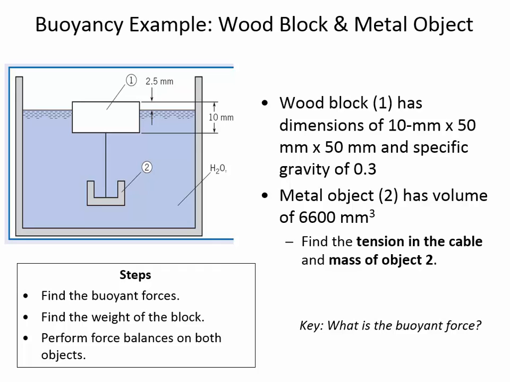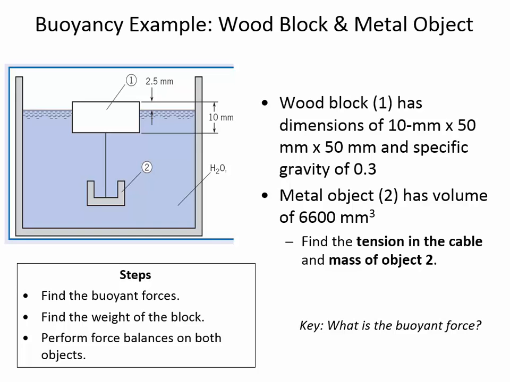Okay, so first of all, we know that the wood has certain dimensions here, so we're going to calculate the buoyant forces. First of all, the buoyant force that's acting on object 1. Object 1 is the one at the top. It's the wooden one.